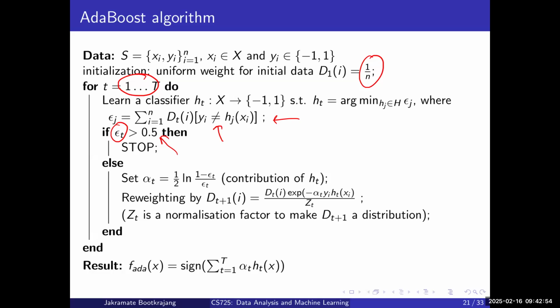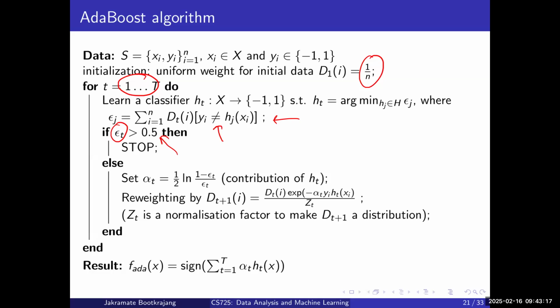What happens if the error rate is greater than 0.5? What kind of classifier will give that condition true? It's going to be really bad, right?